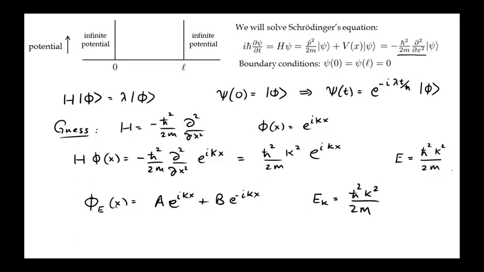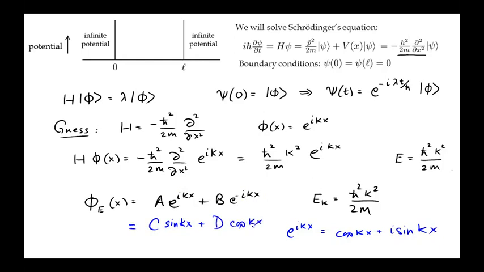So it turns out that it's convenient for us, if you remember, e to the ikx is cosine kx plus i sine kx, and similarly e to the minus ikx is cosine kx minus i sine kx. And so instead of writing this in terms of e to the ikx and e to the minus ikx, we could also write this down as a linear combination of c sine kx plus d cosine kx.